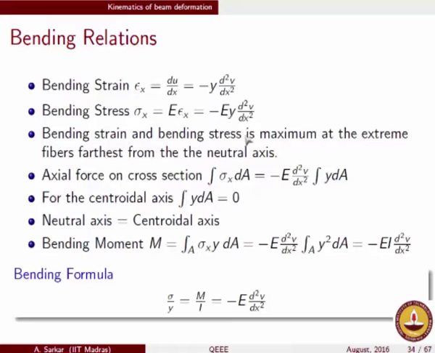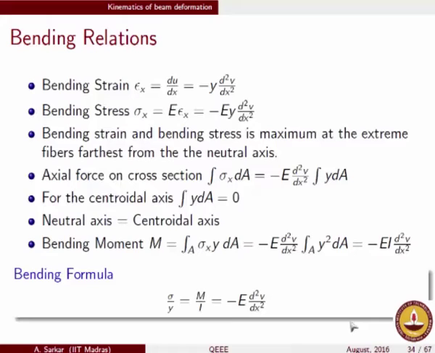If I combine all the relations that I have derived in this slide, sigma by y is minus E d2v dx2, which is what you read from the second bullet, and from the last bullet, M by I is equal to minus E d2v dx2. So here we have the formula for bending, which is sigma by y equals M by I equals minus E d2v dx2.